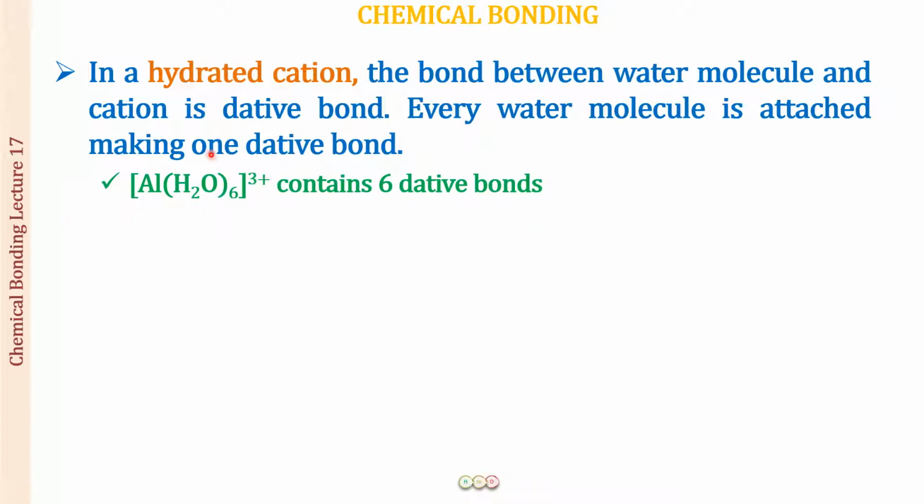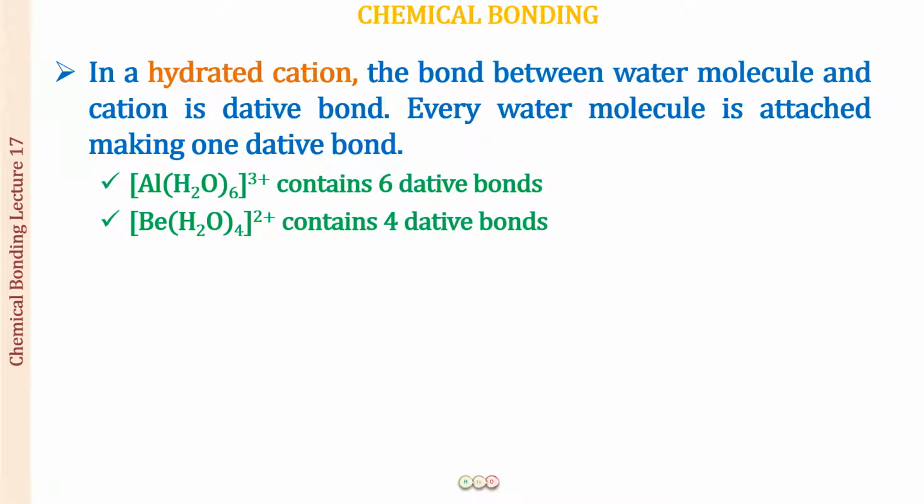This means that we have an aluminium ion, aluminium 3 positive, which is associated to 6 water molecules by 6 coordinate bonds. Next we have is [Be(H2O)4]2+. Again the cation is Be 2 plus, and this is formed an association with 4 water molecules. This is going to be the hydrated beryllium ion, and here there are going to be 4 dative bonds between beryllium ion and water.